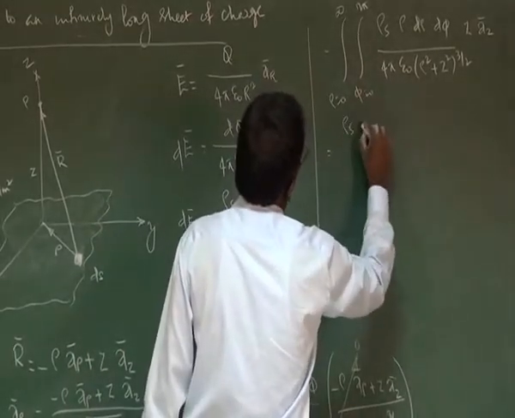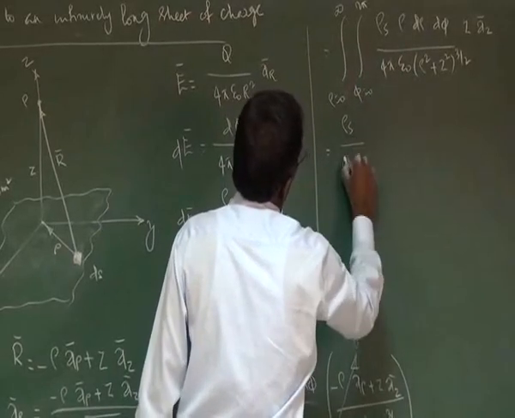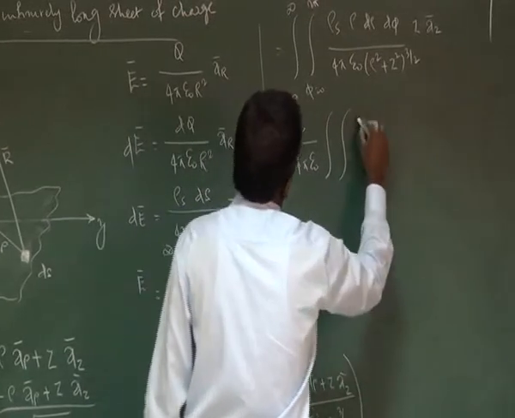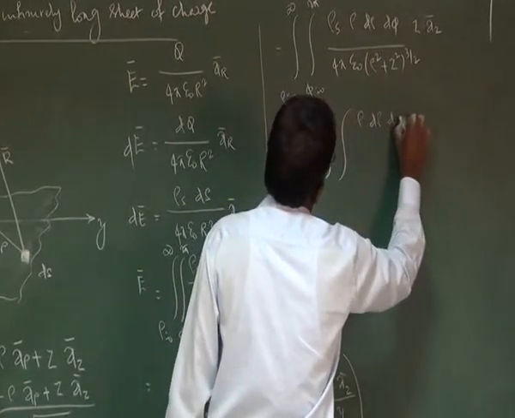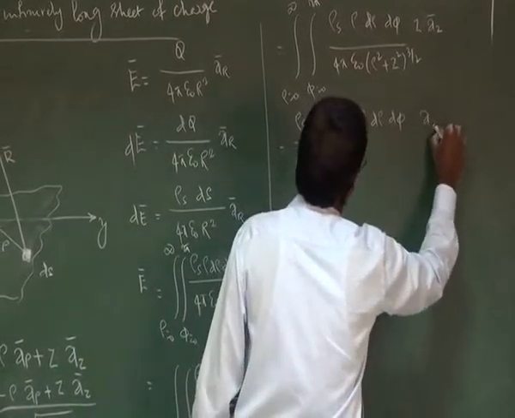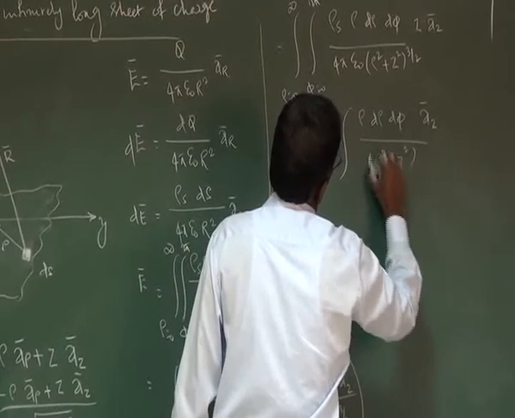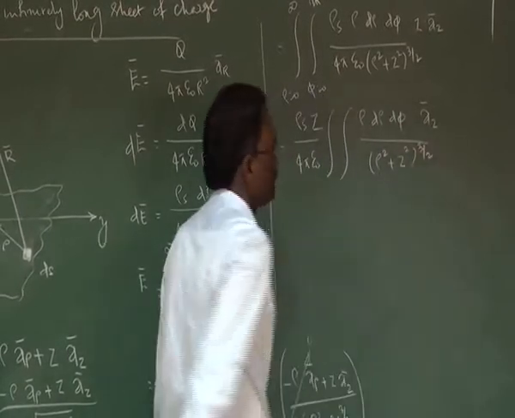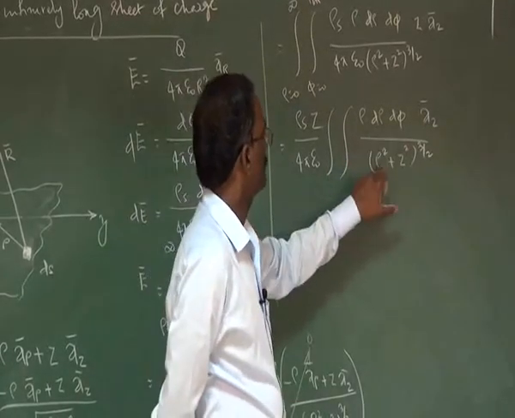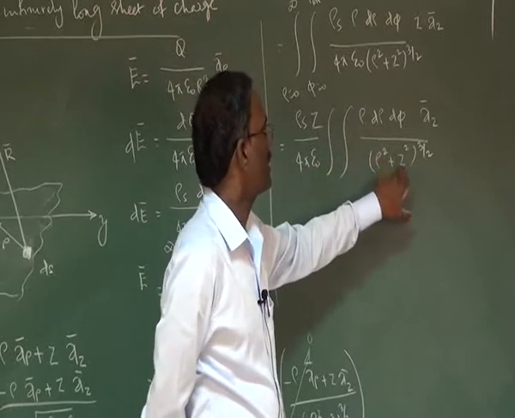So this will become rho s, rho s is constant, divided by 4 pi epsilon o, double integral rho d rho d phi, Z is also constant, you can bring here a Z bar divided by rho square plus Z square power 3 by 2. As we discussed already, rho, but Z is a constant, so a variable is coming along with one constant.